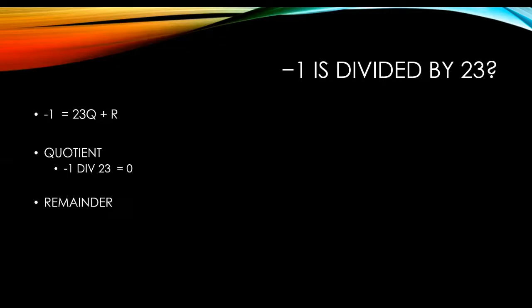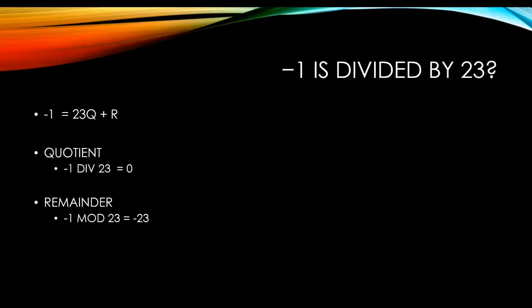And then the remainder is definitely negative 1. But the problem here is it doesn't conform with the division algorithm wherein R should be positive. So we need to correct this answer.